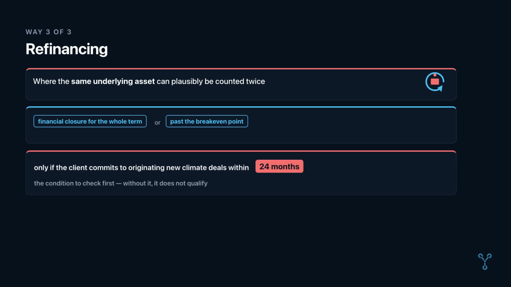This applies only provided the client commits to originating new climate deals for that amount within the next 24 months. That origination commitment is the condition to check first. Without it, refinancing a closed or post-break-even asset does not qualify, however climate-related the underlying project is.